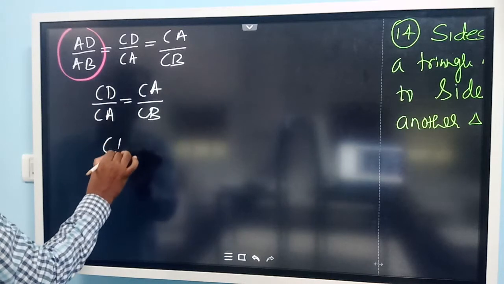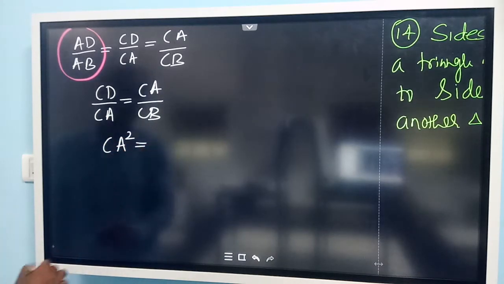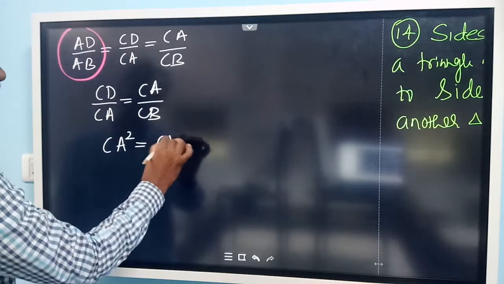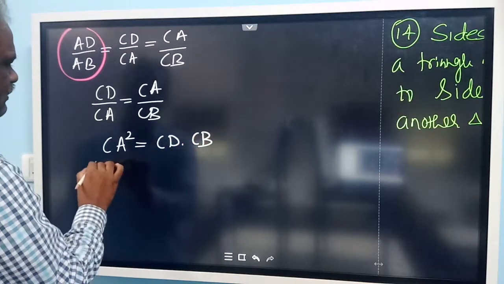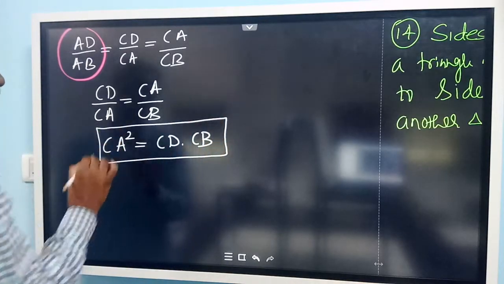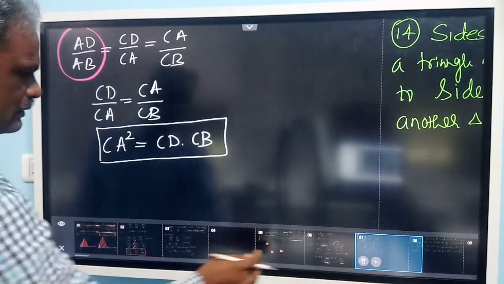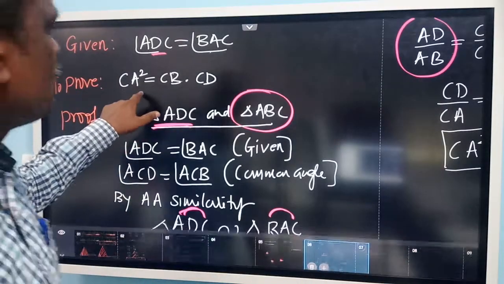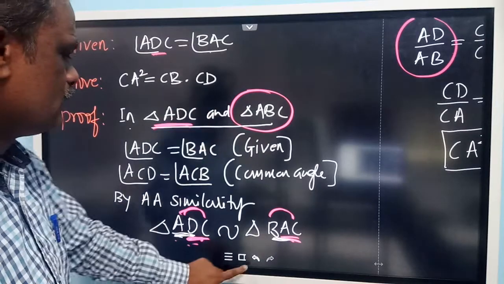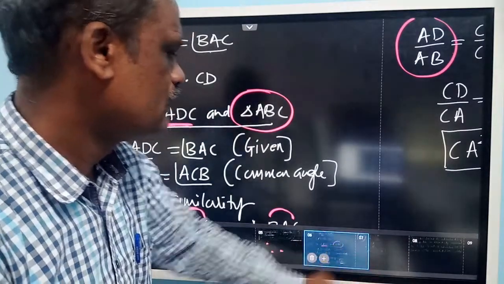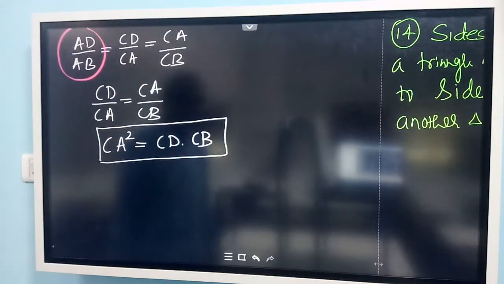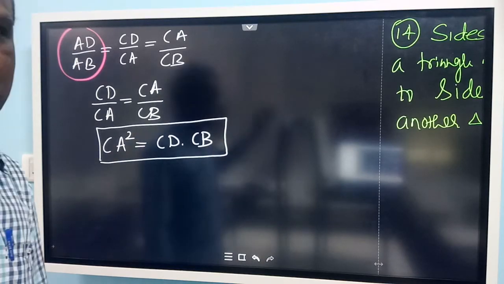CA into CA gives you CA square is equal to CD into CB or CB into CD. This is what we wanted to prove here. So hence we proved CA square is equal to CB into CD or CD into CB. Both are same.